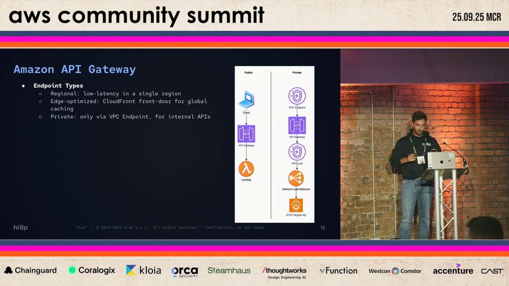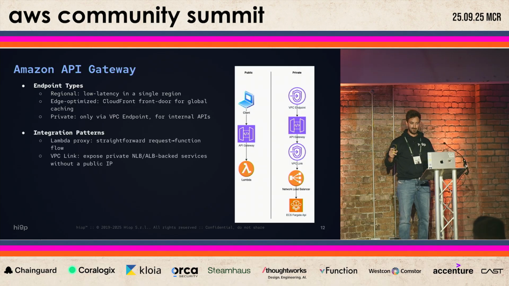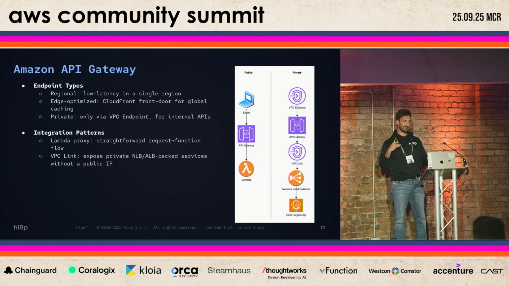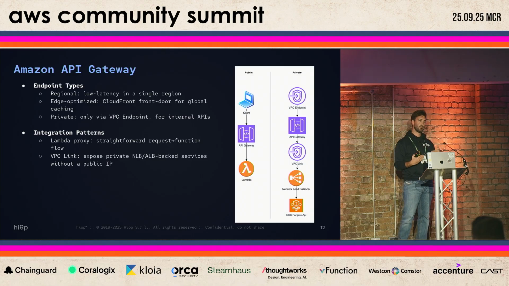Usually the traditional integration is a Lambda proxy that forwards the request you are making to the API. The difference between regional and edge-optimized is that regional is low latency and specific to a single region, with high performance in general.